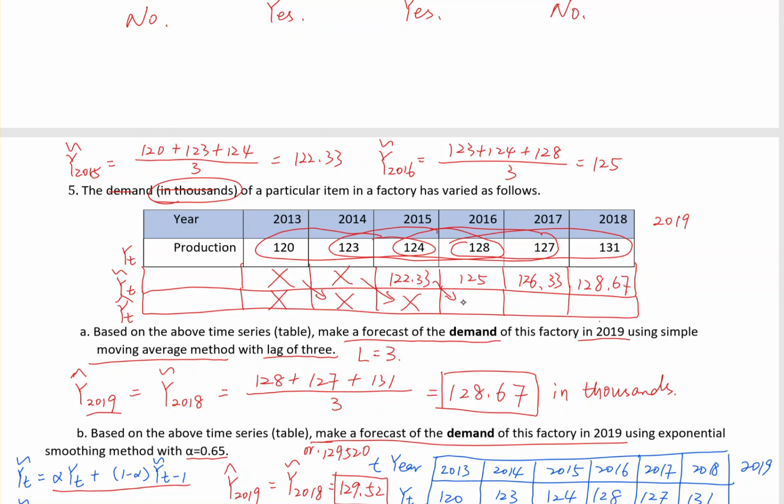So the predicted value for 2016 will be 122.33. Next one, 125. Next one, 126.33. Next one for 2019, as we did, will be this.